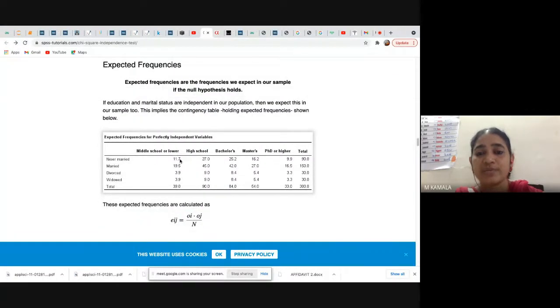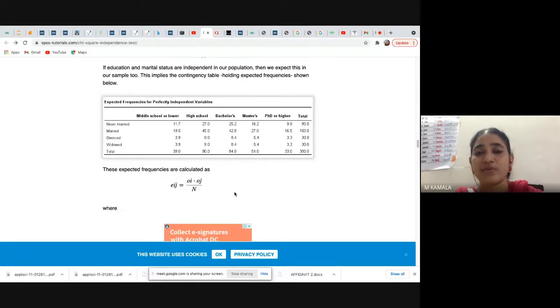Now again you observe here, we are coming into the real values. 11.7 members, there cannot be such fractional members, so we have to round off when we are calculating. So this is the expected frequency table.